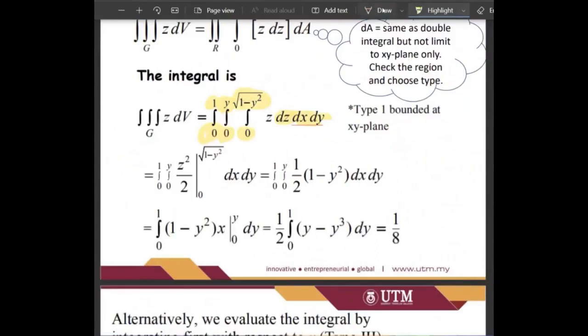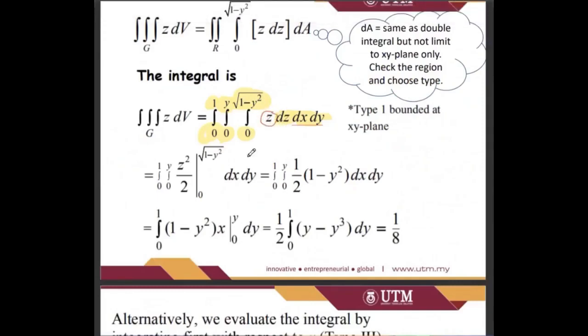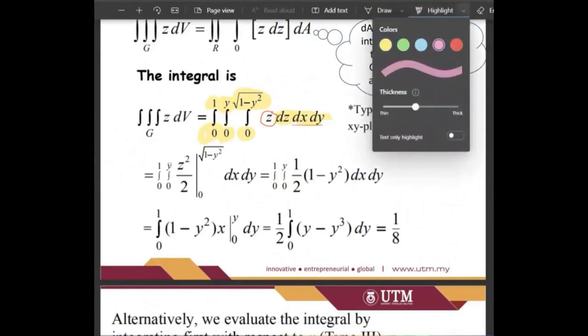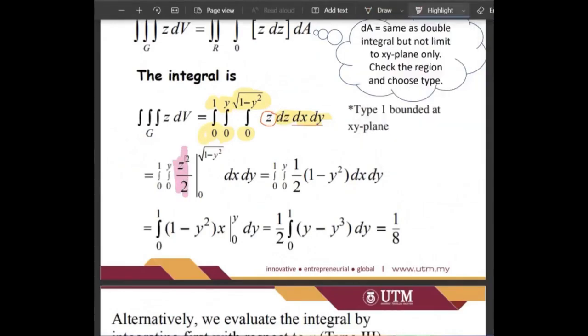And then we integrate as usual. First integrate z, we get z squared over 2. And then we substitute the value square root 1 minus y squared and then substitute 0. So we will get 1 over 2, 1 minus y squared.